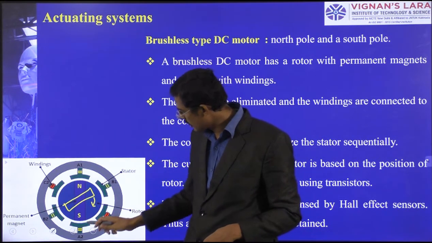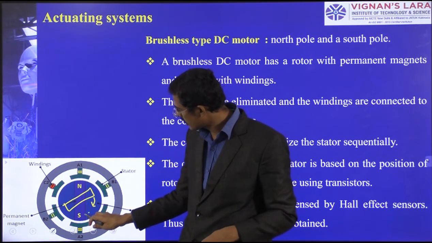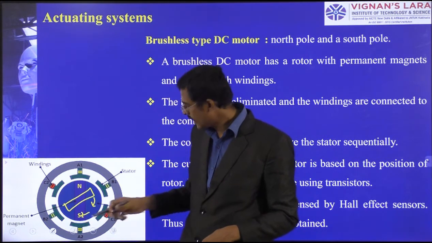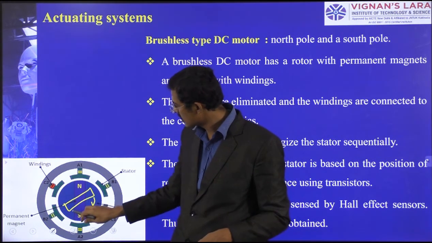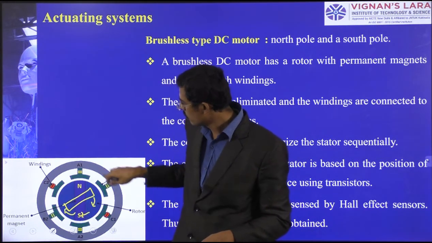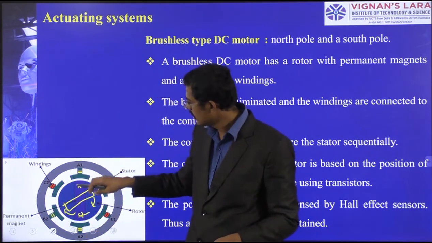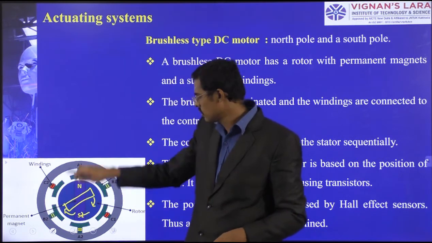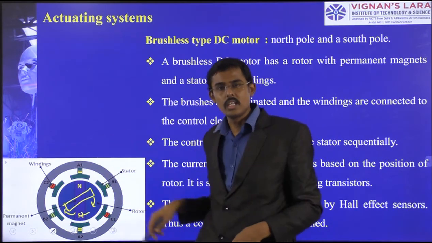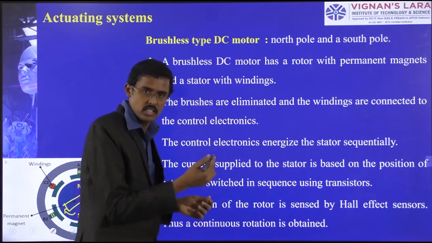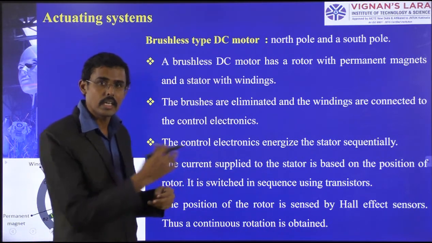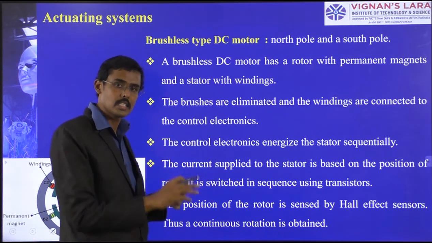And later I want to energize A2 and A1 in such a way that it comes here. Later I want to energize B2 and B1 in such a way that it comes here. So we want to sequentially energize B1, C1, A2. Similarly this side B2, C2, A1.